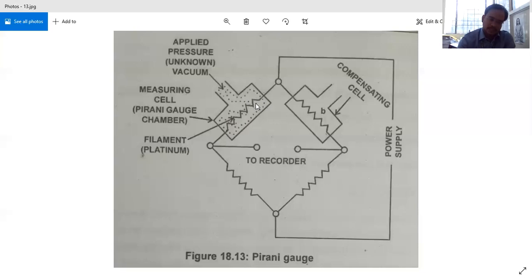And it is not an active type of transducer. It is an inactive type of transducer because we require electrical supply from an outside source. We require giving some power supply to the circuit.